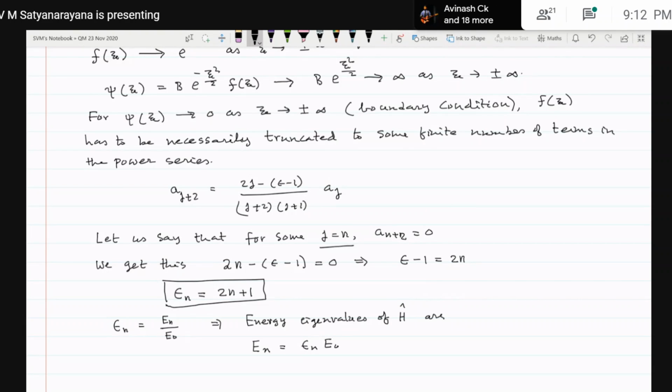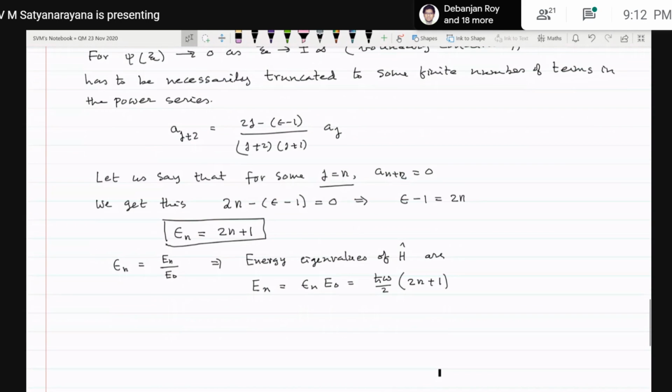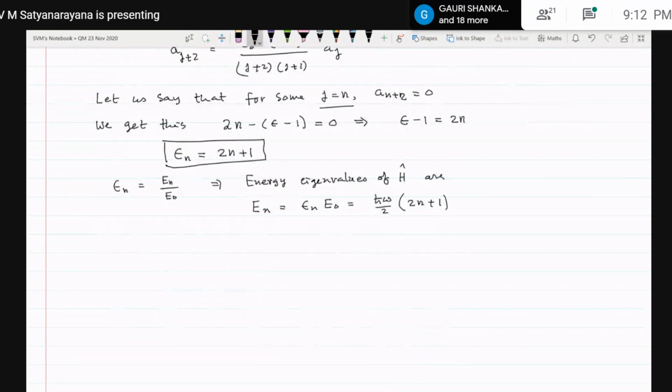What is E naught? E naught is h cross omega by 2 into epsilon n, and epsilon n is 2n plus 1. Okay, so that gives us the energy eigenvalues: En is equal to, I pull out 2 and write this as, n plus half into h bar omega.